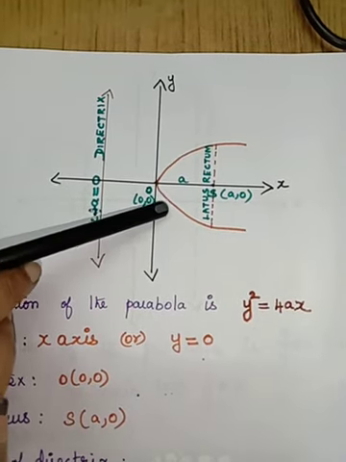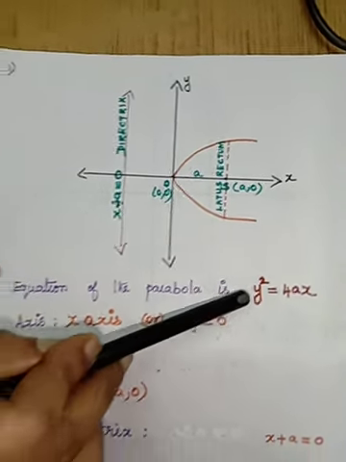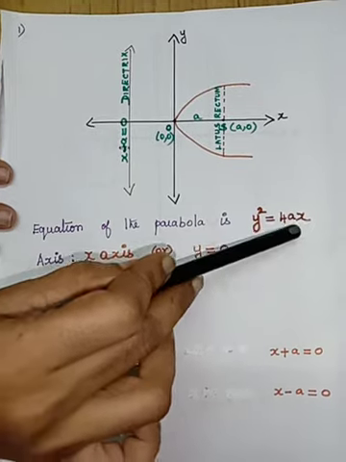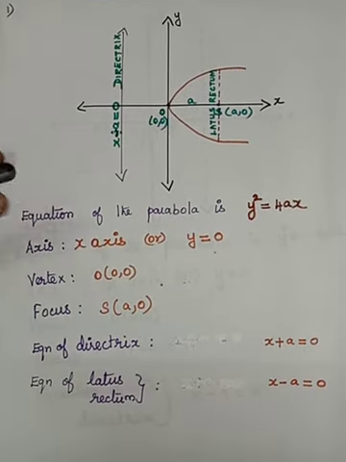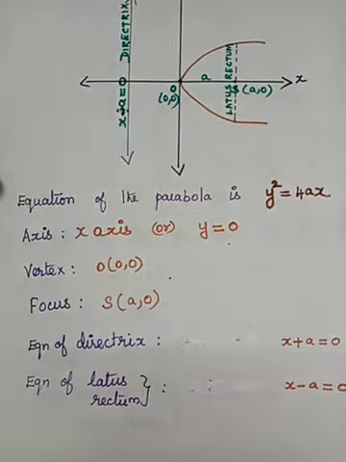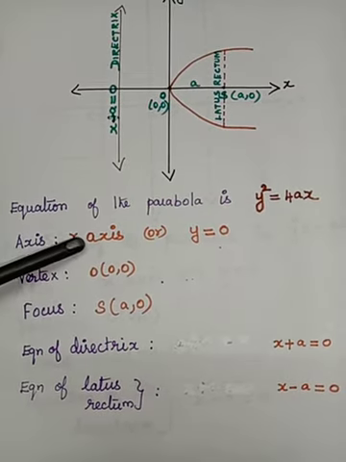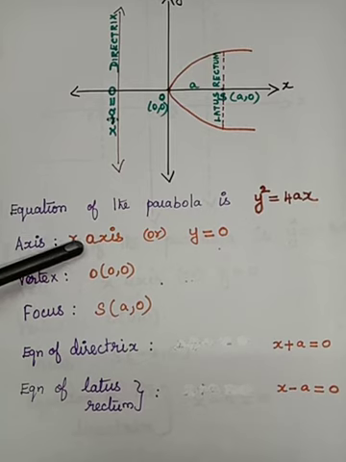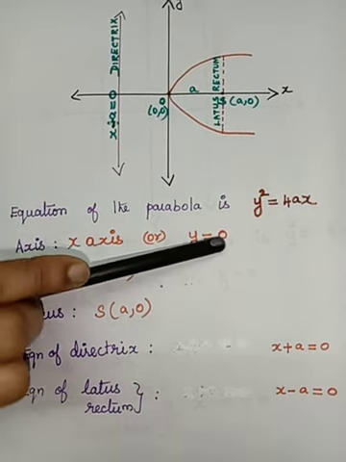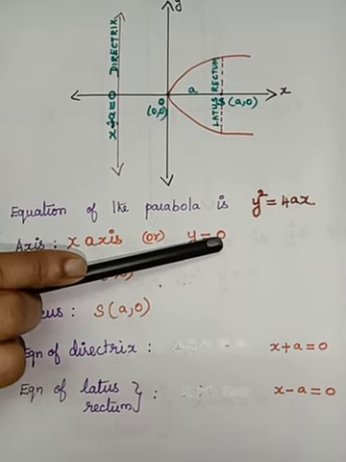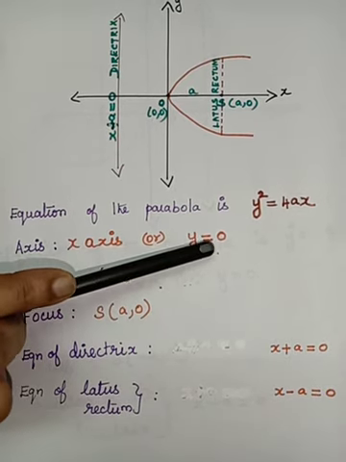Already we have found the equation, so the standard equation is y squared equals 4ax. And y squared equals 4ax means your axis is the x-axis. The equation of the x-axis is y equals 0.